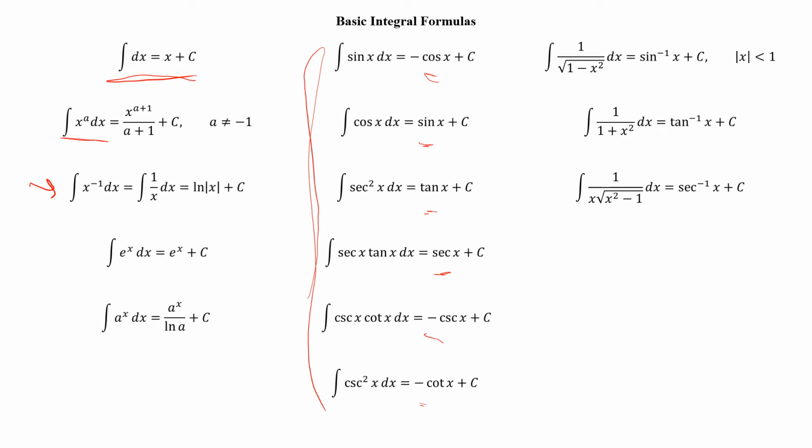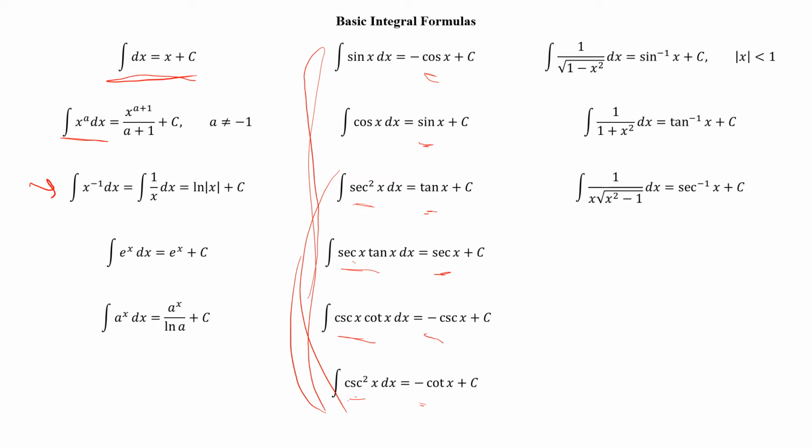The tangent and cotangent give us either cosecant squared or secant squared, and the secant and cosecant give us secant tangent and cosecant cotangent, which is what we see there. Some of these can be kind of tricky to remember, especially because we don't see them quite as often as we see some of these other integrals. And because it's a couple things multiplied together, it makes it just a little bit different.